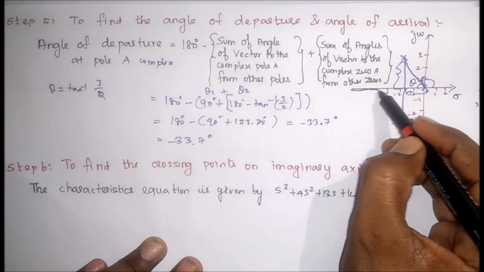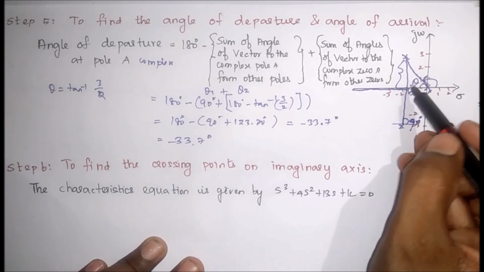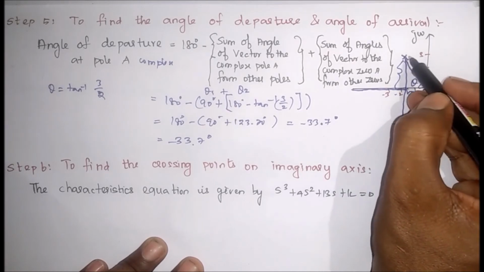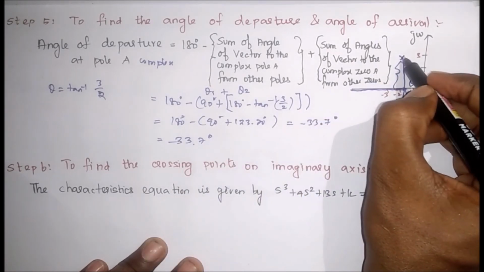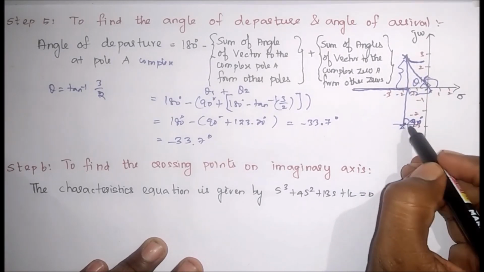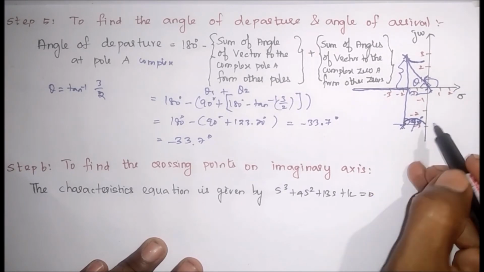Already this negative real axis is one root locus. Another root locus will start at this pole with 33 degree angle and go like this. A third root locus will start at the next complex pole with 33 degree angle and go like this.